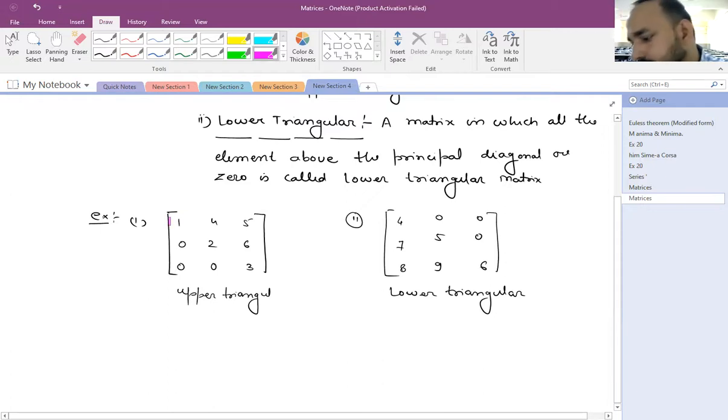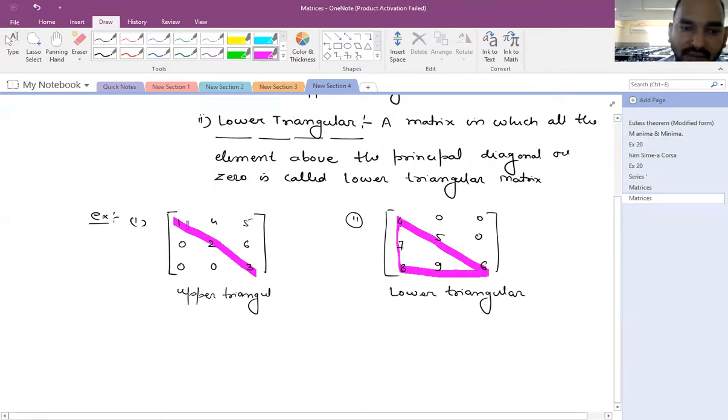So this is the principal diagonal element. In the lower triangular, what survives is below the principal diagonal, and in the upper triangular, what survives is above it.